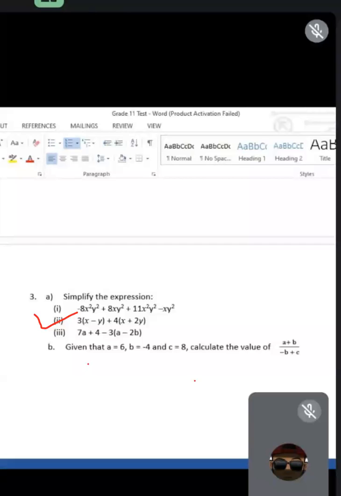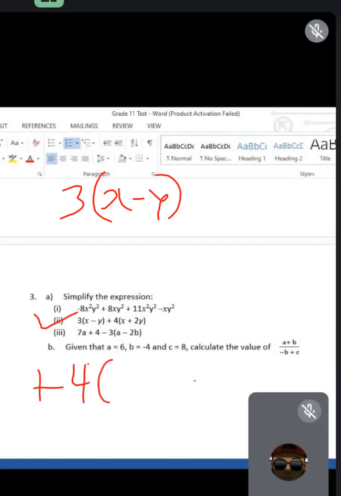All right, let's talk about this. 3 times x minus y. And we have 4 times x plus 2y. Now, the beauty about doing these is that we can treat them as if they're entirely separate and then put them back together.